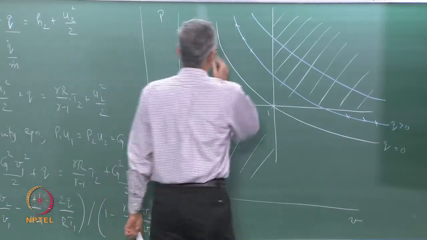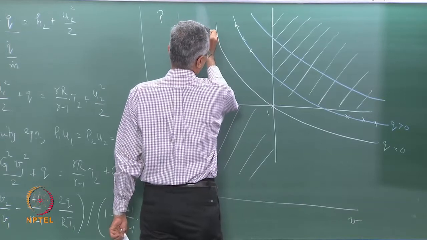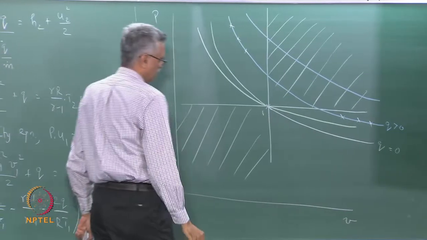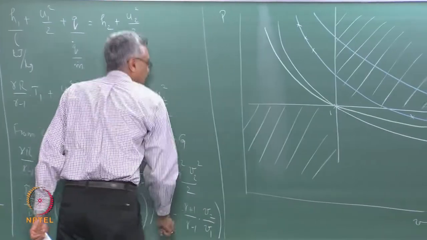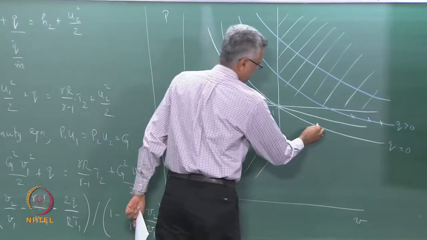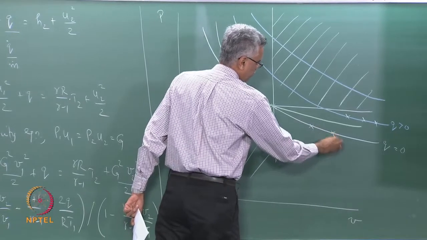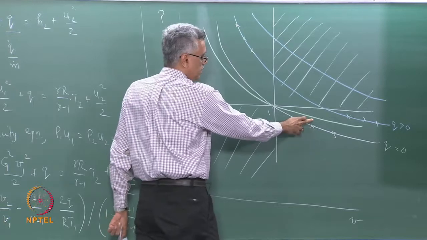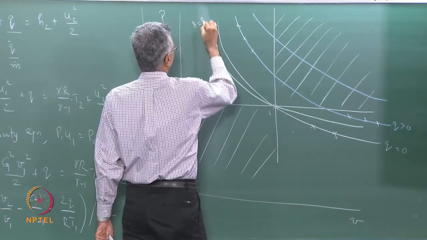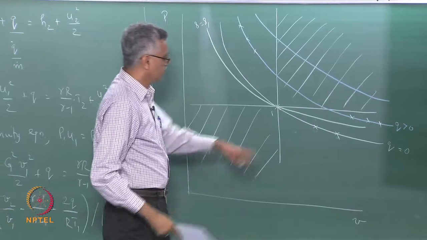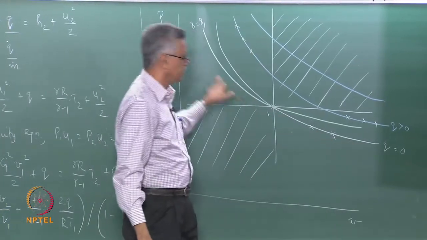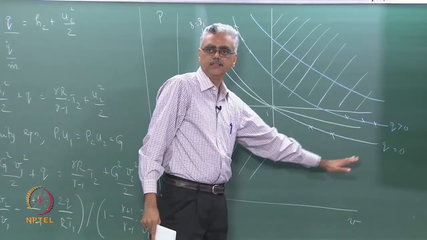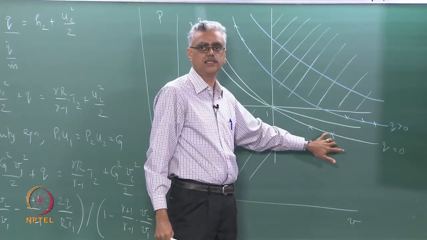So, the isentrope passing through state point 1 will look like this, which means that if any downstream state, for example the normal shock solution, lies on the same H curve, then the entropy for that state will be less than this. So, this is S equal to S1, right. If the downstream state lies on the same H curve, then the entropy will actually reduce, which was why we said that the downstream states for that case cannot lie in this quadrant.